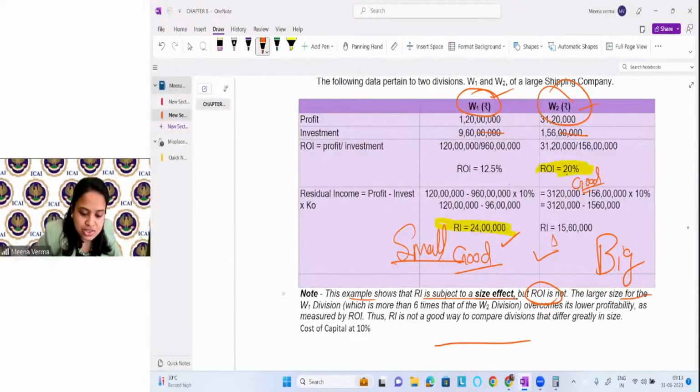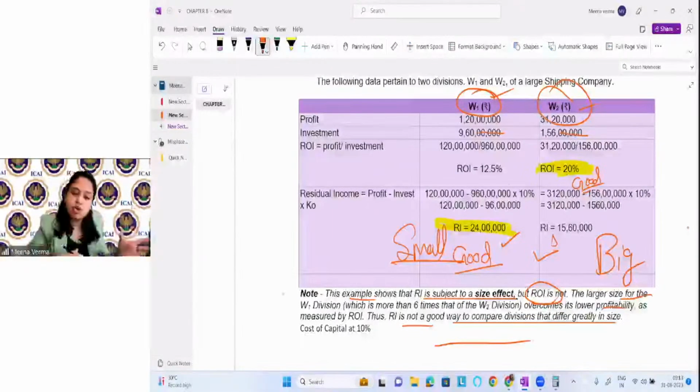So the larger the size for the W1 division, the lower the profitability as measured by ROI. RI is not a good way to compare divisions where the size of the organization is not the same, small organization, big organization. When the organization size is not equal, you cannot apply RI. RI will not give you the right result.